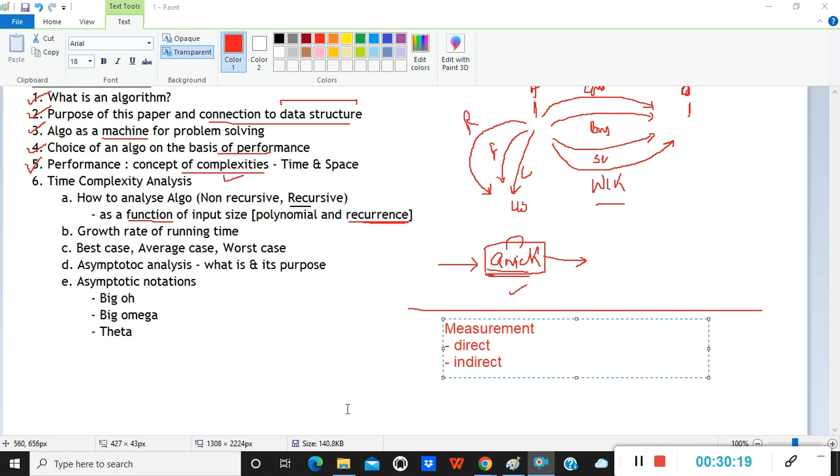That means while you are comparing the time, it is an indirect way of measuring. So assumption and approximation will come into play. We do not need the exact amount of time taken by an algorithm to produce the output. So time complexity is an indirect way of measuring the running time.